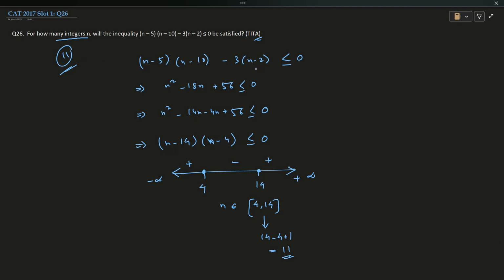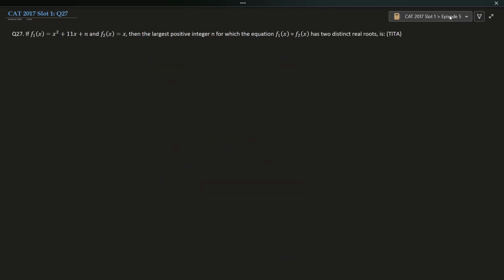All right guys, a very simple question. Let's move on to the last question for today. So we are told that f1 of x is equal to x square plus 11x plus n, and f2 of x is basically x. Then the largest positive integer, be very careful, largest positive integer, that means natural number.